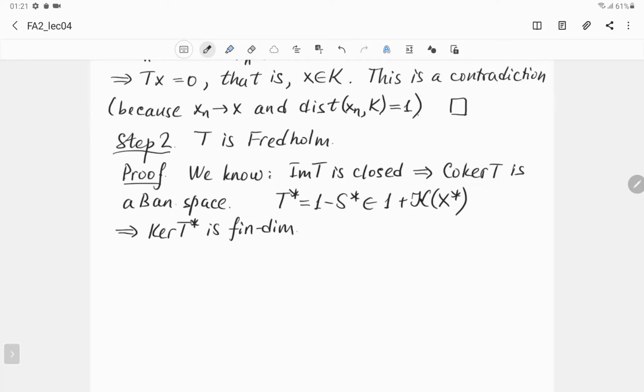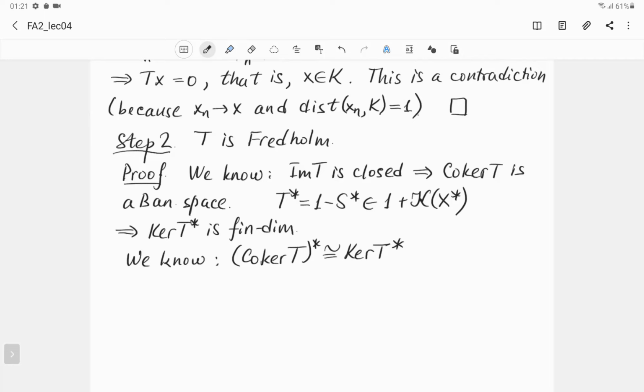And now we apply the closed image theorem, which was proved at the previous lecture. So we know that for each operator with closed image, the dual of the cokernel of T is isomorphic to the kernel of T star. This isomorphism holds for each operator with closed image.